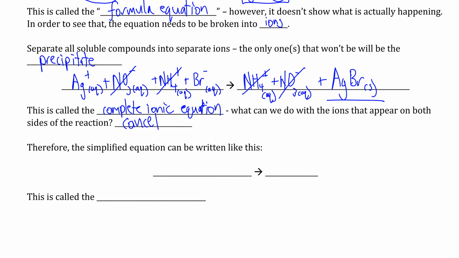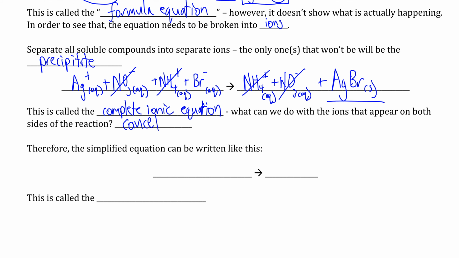And if we rewrite the equation without the ions that appear on both sides of the reaction, we can write out the reaction like this, with Ag and Br coming together into an AgBr precipitate.